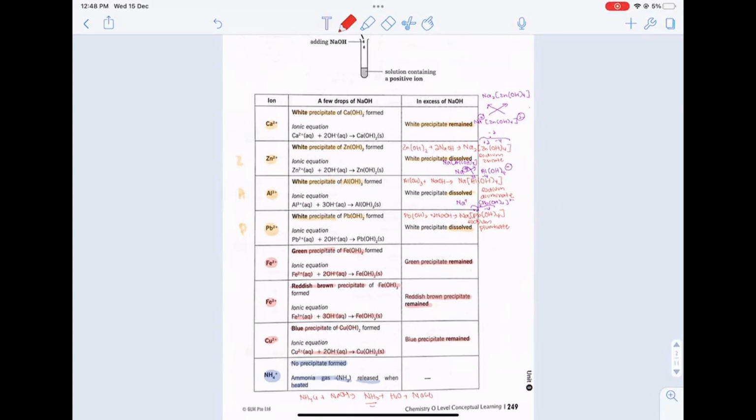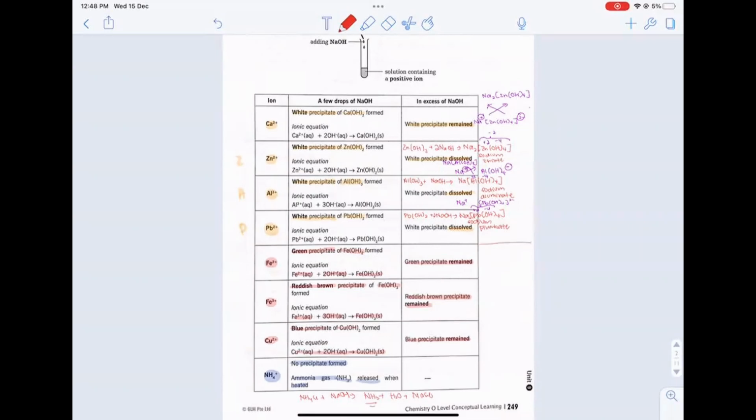So over here, I would like to ask, how come all of these are precipitates? Why are all of them precipitates? You can pause the video to give yourself some time to think over this question. Okay, so I think most of you should have guessed it.